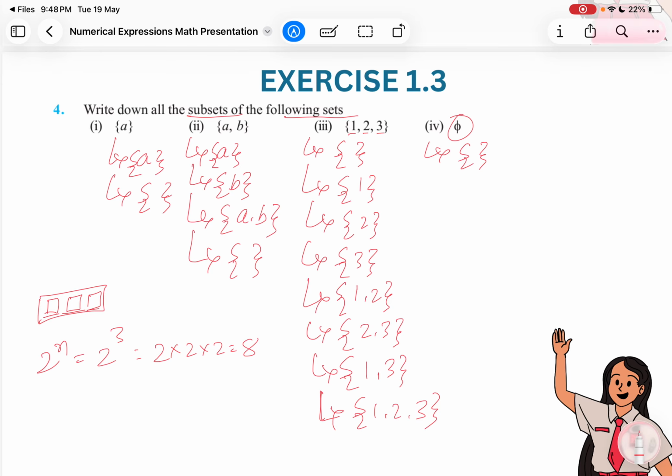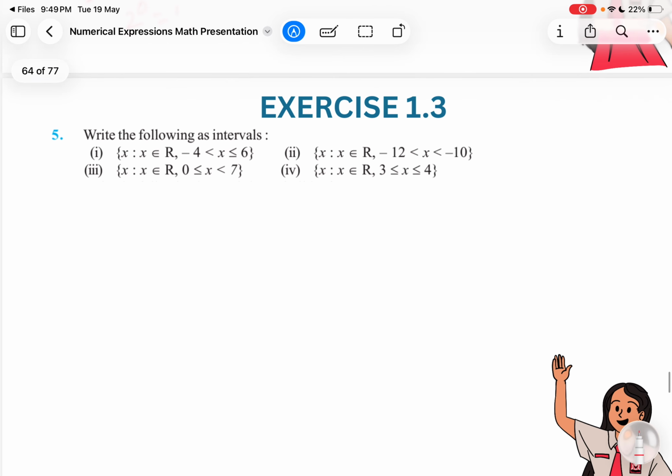You see here 1 2 3 elements are there, so there should be 8 subsets: 1 2 3 4 5 6 7 and 8. Here we have one element, so 2 to the power 1 equals 2, so we have 1 and 2 elements. Here 2 elements are there, 2 to the power 2 equals 4, so 1 2 3 4. Here 2 to the power 0 means 1, so we have one element, right?